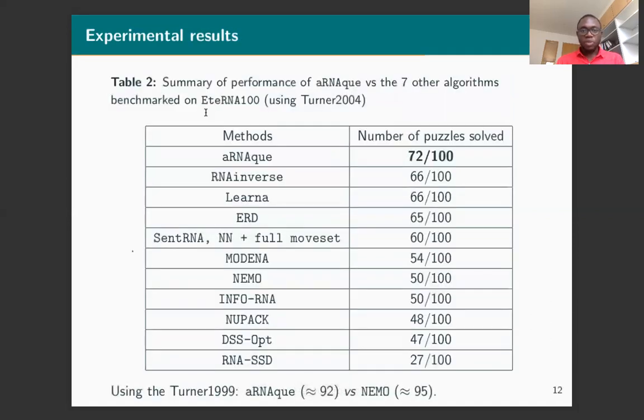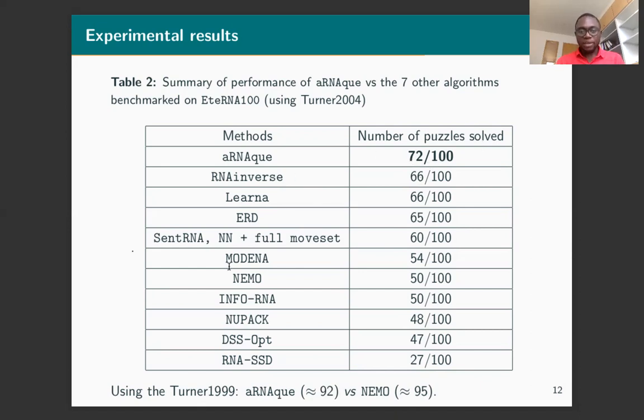The second benchmark was performed on Eterna, where we used first the second parameters and secondly the older energy parameters. For the newest energy parameters, aRNAque is on top of the list, as displayed in this table, solving 72% of the Eterna dataset.